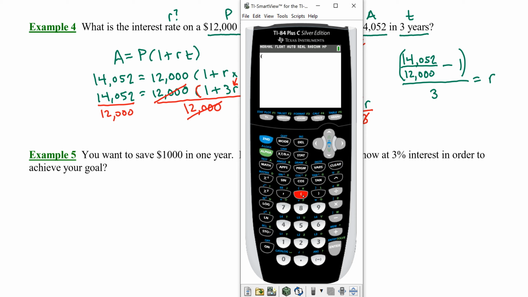I'm going to type it directly into my calculator in one step. 14,052 divided by 12,000 minus 1, close parentheses. Now, to enter the fraction bar, a fraction bar is simply the division operation, so I'm going to type it in as divided by 3. And we're going to end up with 0.057.